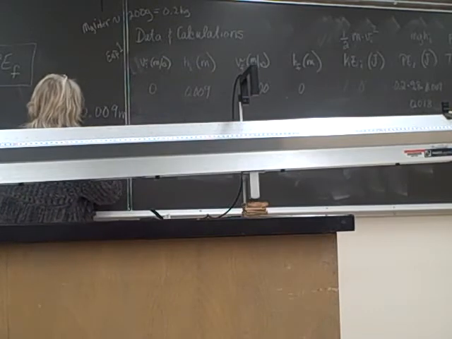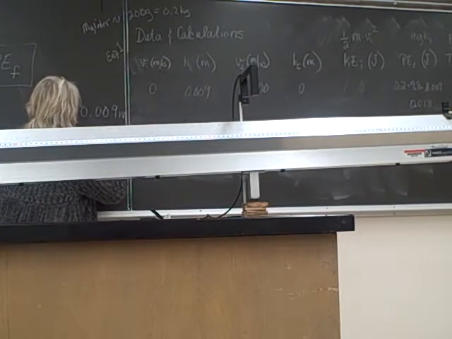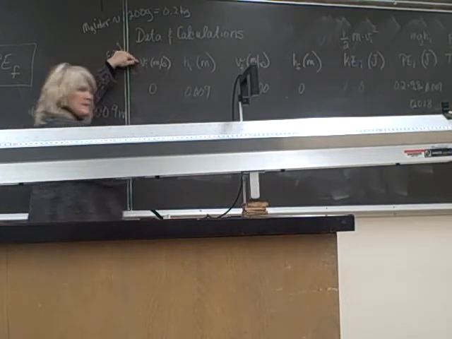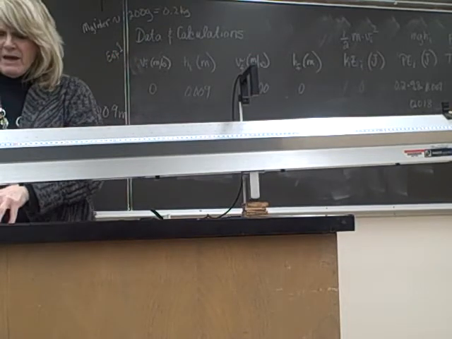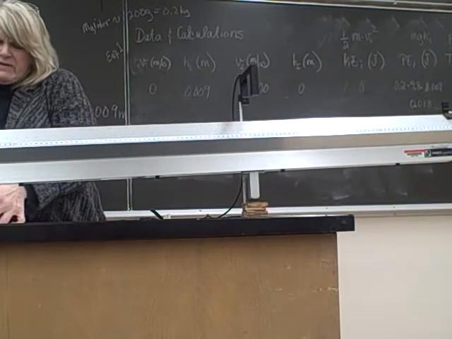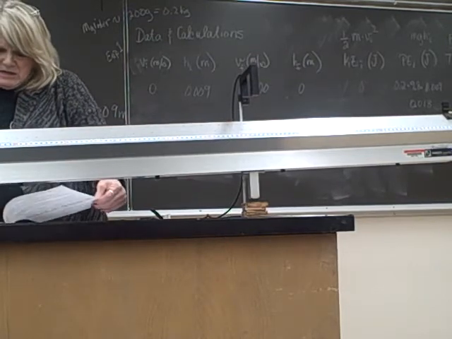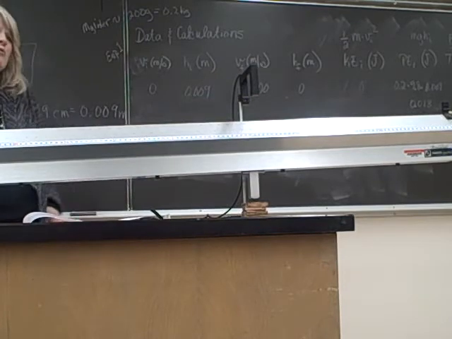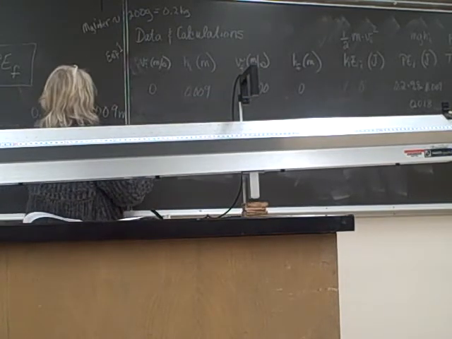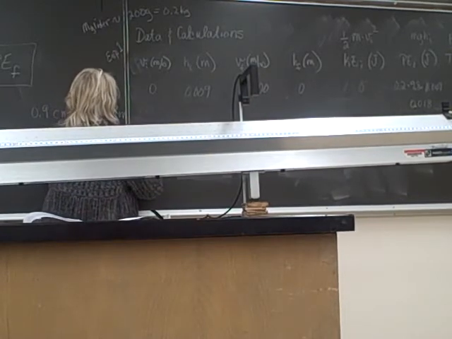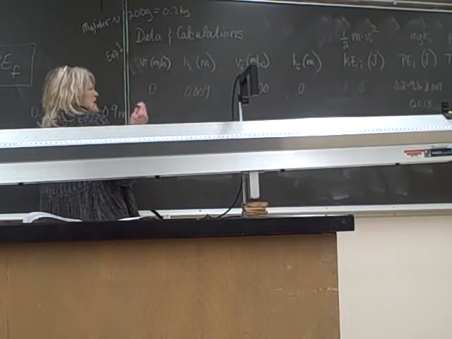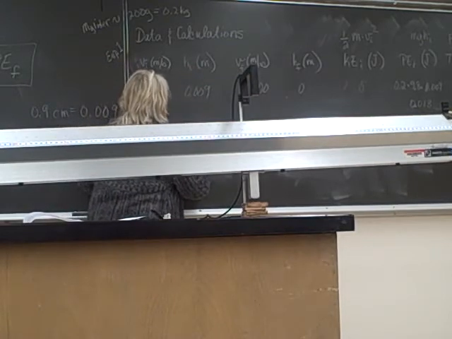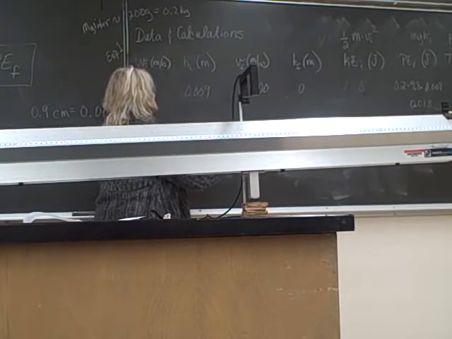Okay, so for experiment 3, now VI is not going to be 0. I'm going to say VI might have some value like maybe 0.5. Around there. And HI is 0.036.